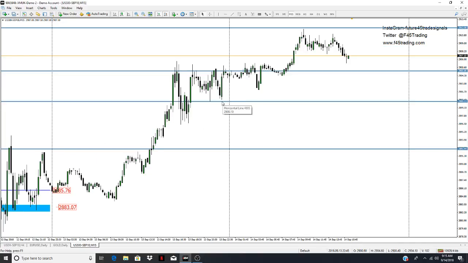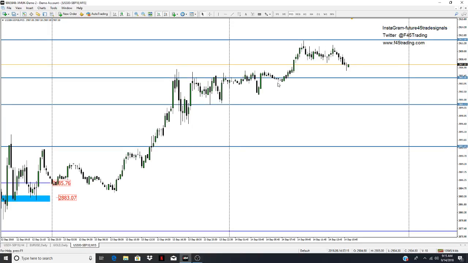I mean, if we come back down and tag these lows, I don't think that's a bullish sign, but it could come back down and grab some liquidity and go. But I'd rather just see it start taking off really from no lower than 2905.